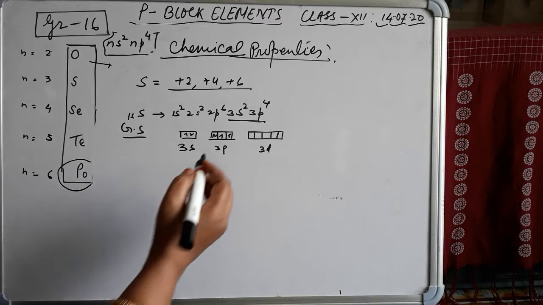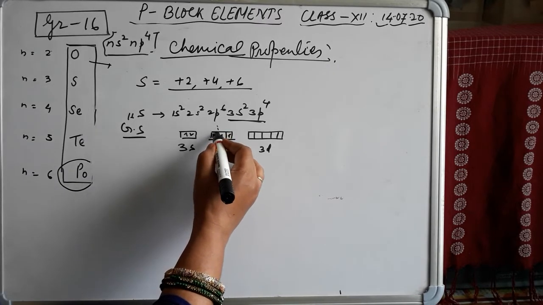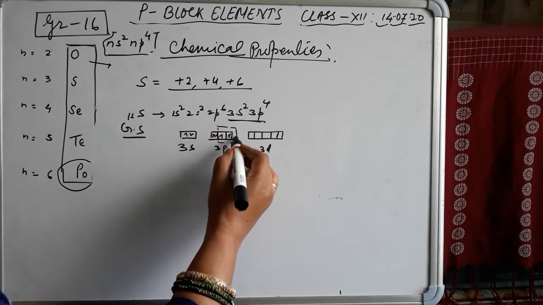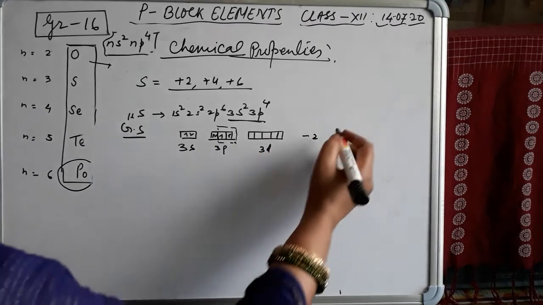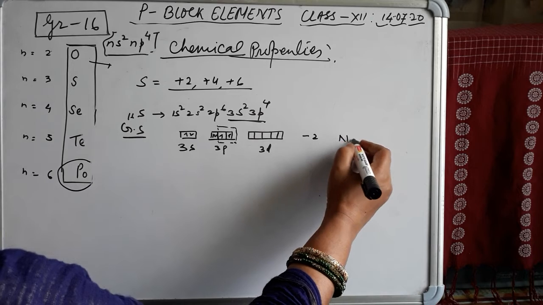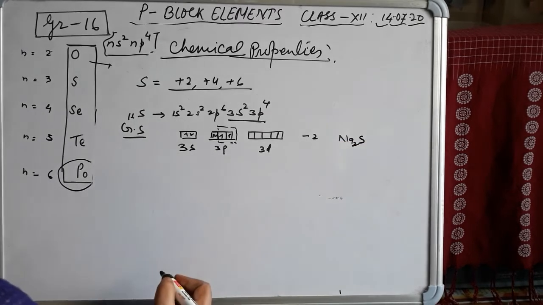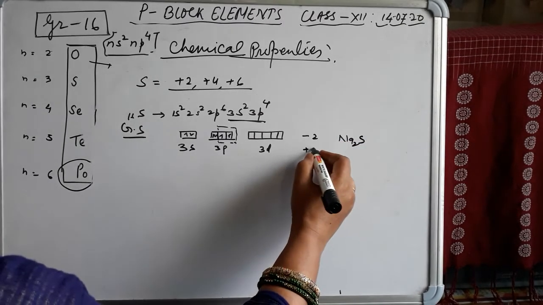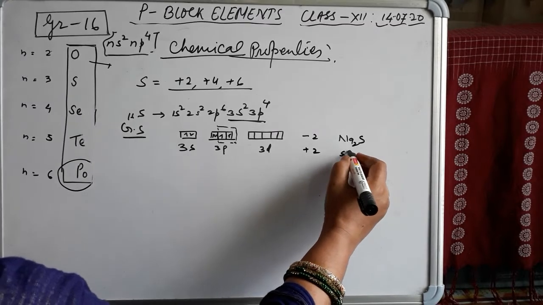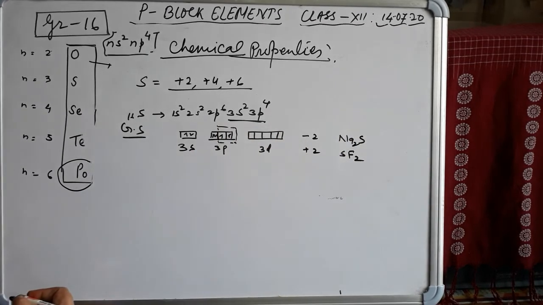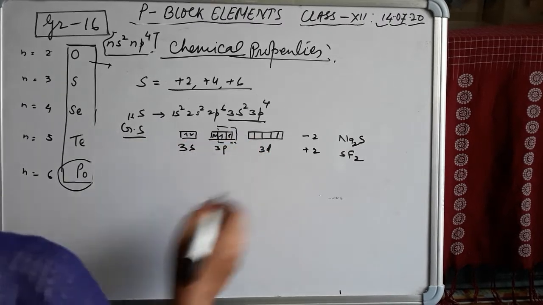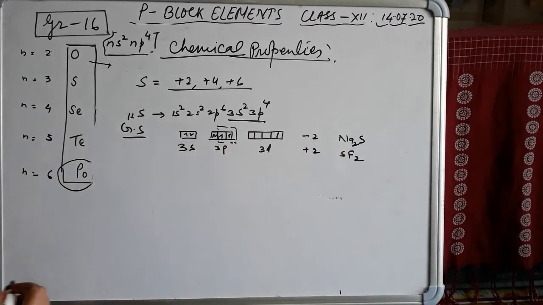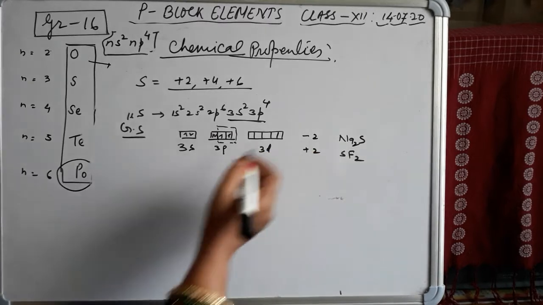So in that condition, only these 2 electrons are used if sulfur forms a compound with an electropositive element like Na2S, or it shows +2 oxidation state in sulfur difluoride. So here the sulfur shows 2 types of oxidation state, +2 or -2.